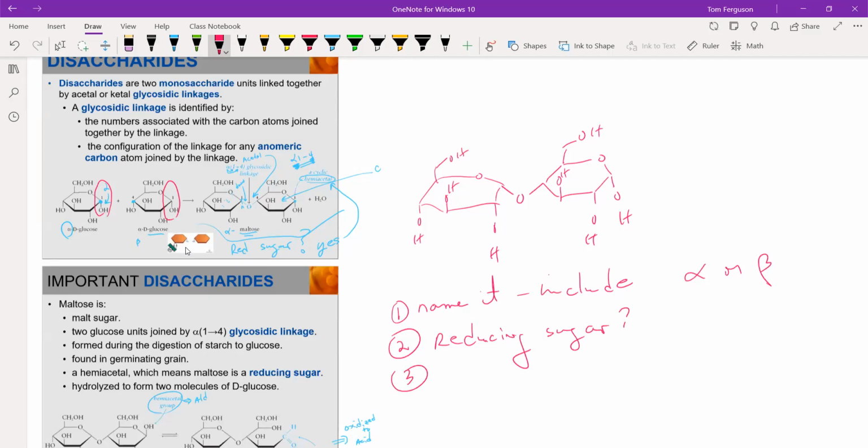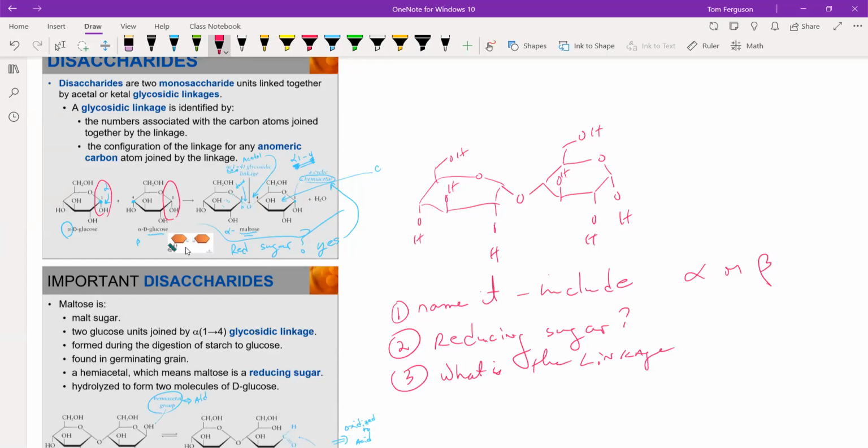Now, remember, reducing sugar, you look for the hemiacetal. What is the linkage? Those are three questions I would ask you on a lot of these mono-, di-, and oligosaccharides.